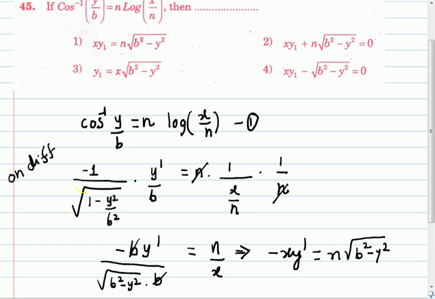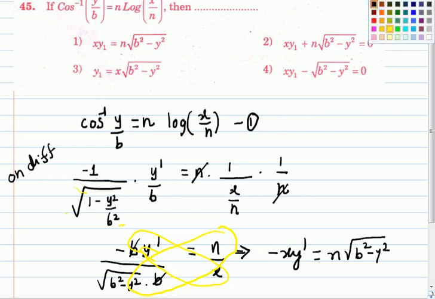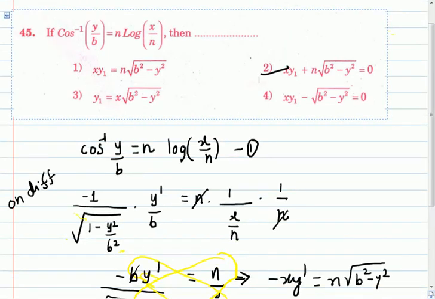So when you take cross multiplication, we are getting these many expressions. Hence if you take the terms to the other side, that becomes xy dash plus root n square minus b square. Hence what you can observe, your answer in this case is option B is correct. Okay, so we'll continue with the one more part in the next session.